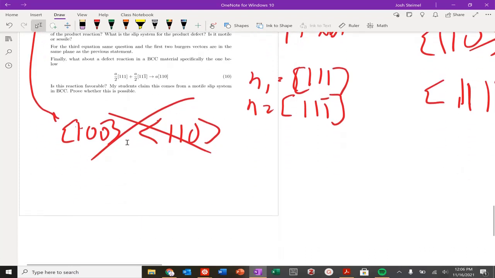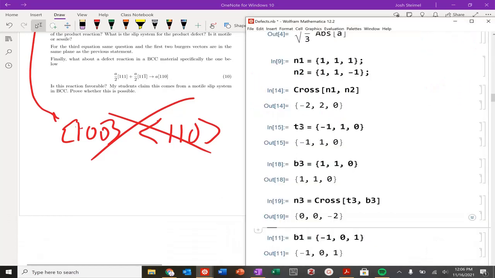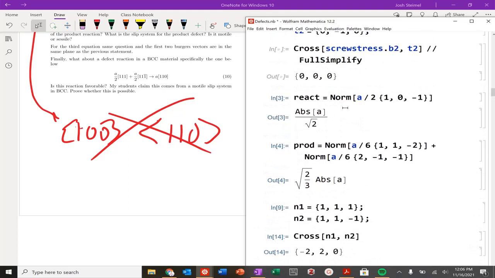Finally, what about the defect reaction in a BCC material, specifically the one below? So is this reaction spontaneous? Let's go ahead and check this one out. I'm just going to call this our reactant and this our product. We're going to call this A 1, 1, 0.